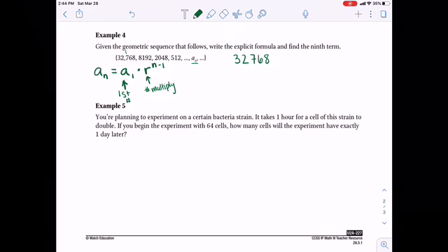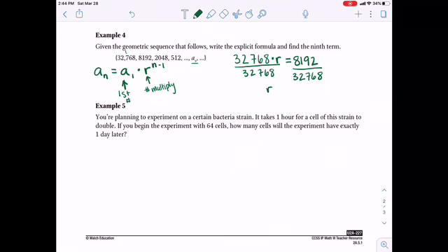I know that I'm taking that number, multiplying it by r, whatever that common ratio is, and it's going to equal the next number in my series, which is 8,192. Now to solve this equation for r, all I have to do is divide on both sides by 32,768.